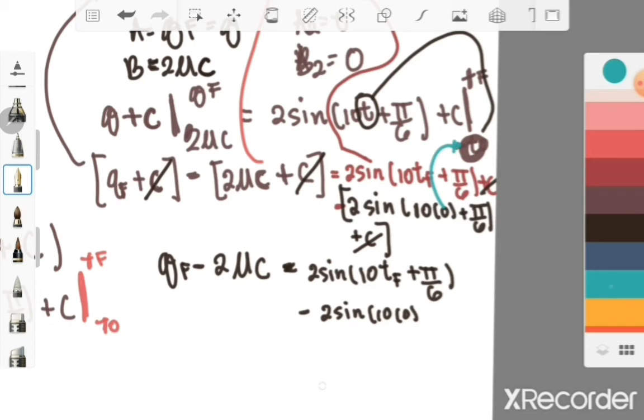So 0 plus pi over 6. So the value of pi over 6, let's get the value of sine pi over 6.